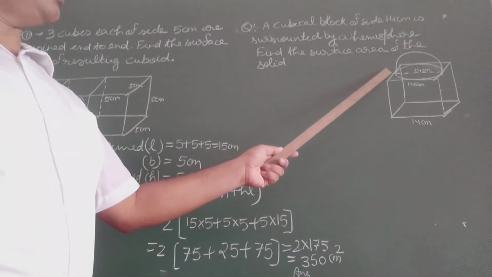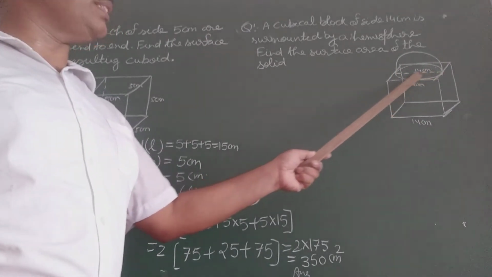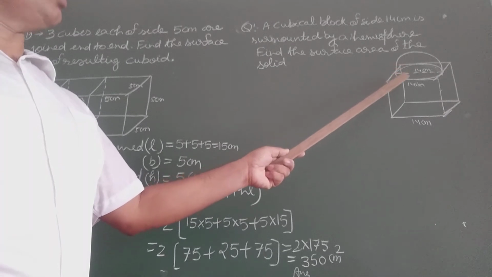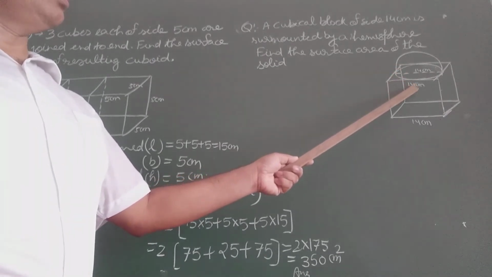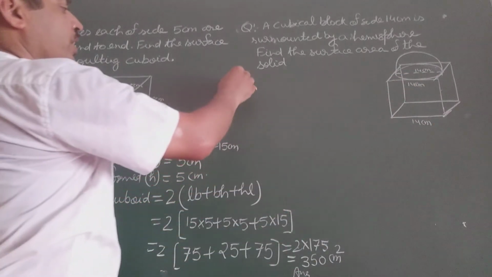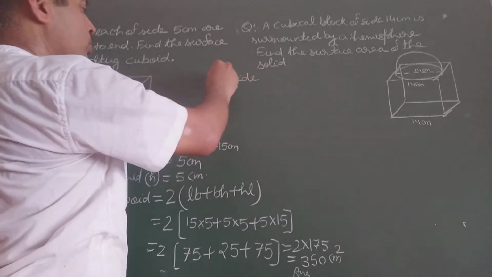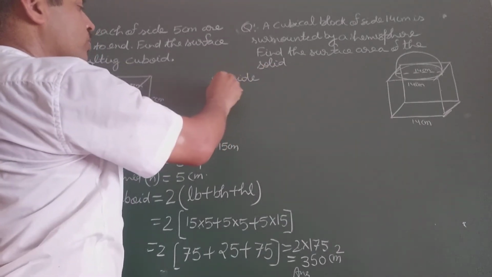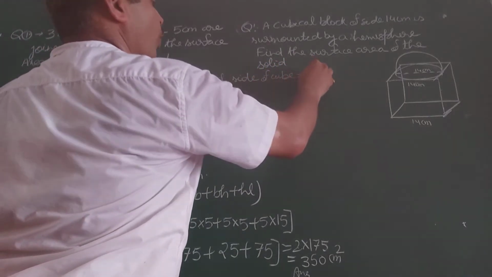So students, the diameter of the base of the hemisphere is 14 centimeter. It is equal to the side of the cube. Okay. So we can mention here, side of the cube equals 14 centimeter.